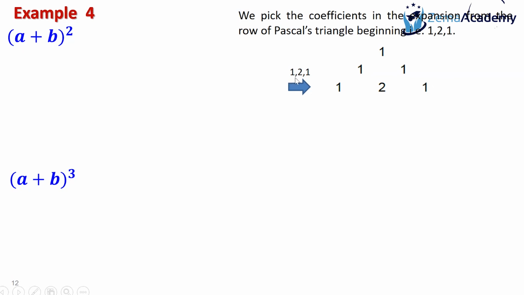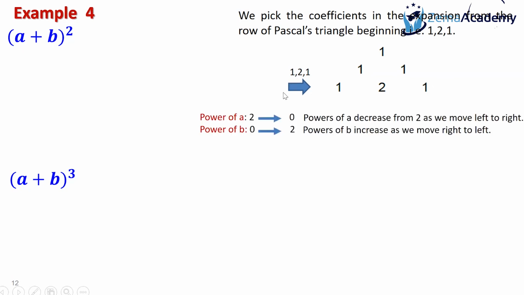So the coefficients are 1, 2 and 1. Apart from this, as I already explained, the first term's power will decrease from 2 to 0 and the second term's power will increase from 0 to 2.